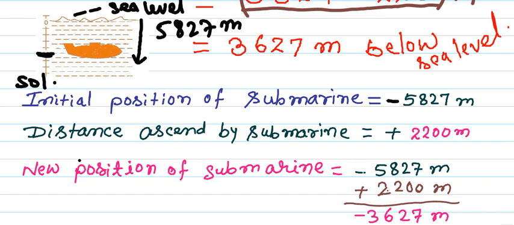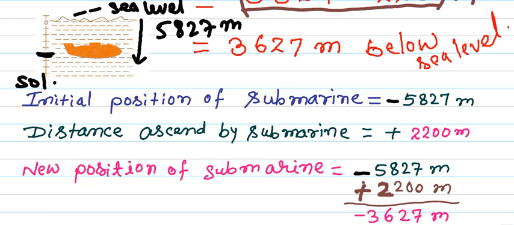Then we go through the rule of the integers. The new position of the submarine now, you see, you write this one, 5,827 meter, and then you write 2,200 meter.